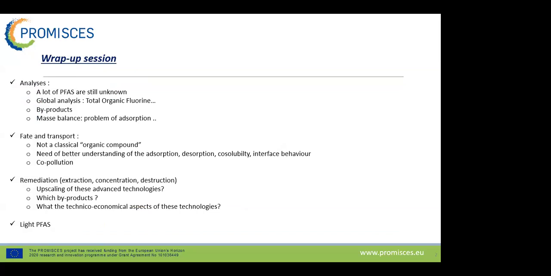Together all the stuff about the analysis, because we can make different sections of this presentation. So speaking about the analysis, we've seen that there are a lot of PFAS that are still unknown, and the targeted PFAS analysis is still tricky. There is this global analysis, total organic fluorine, but there are still a lot of molecules that are undetermined.